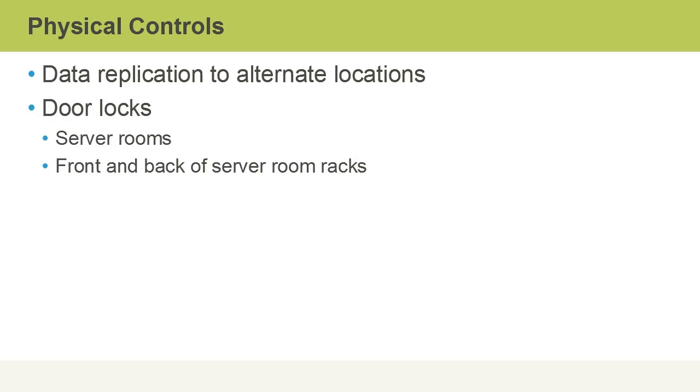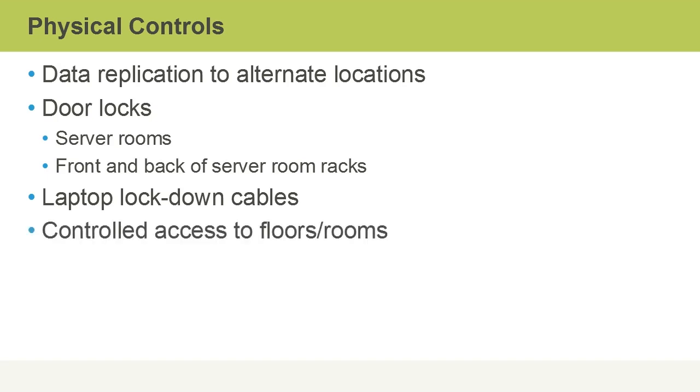Certainly that would include server rooms, and even within a larger data center, the front and back of server room racks should be locked. In the case of end user laptops, we could also use lockdown cables so that when a user is working within a certain location, such as at a customer site, she could use the lockdown cable to secure the laptop around the leg of a piece of heavy furniture to prevent its theft.